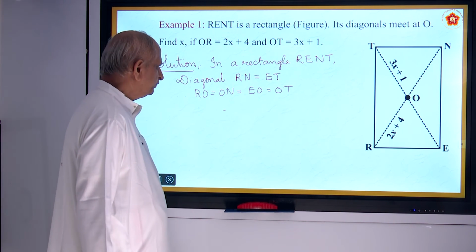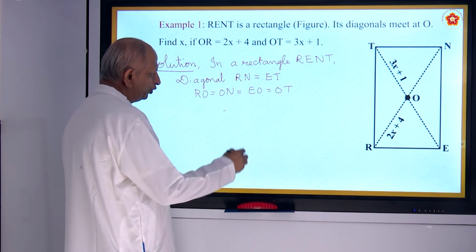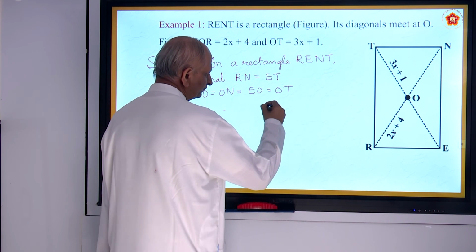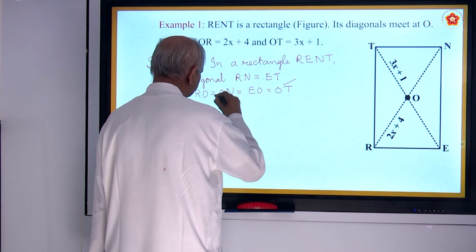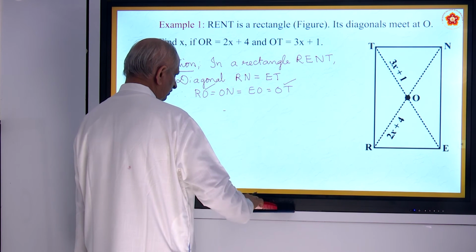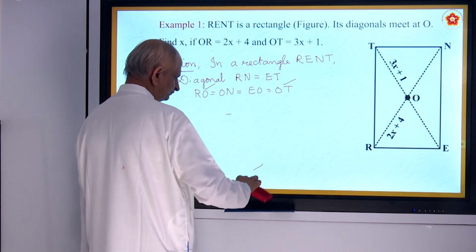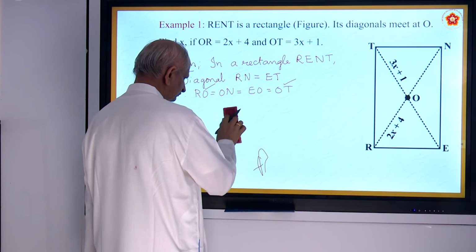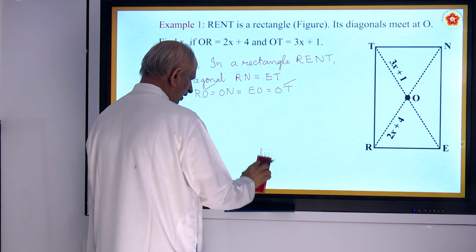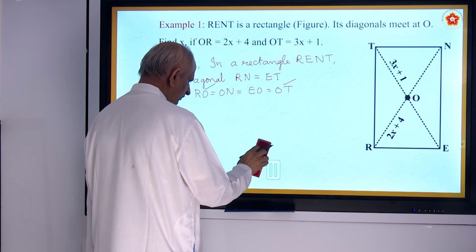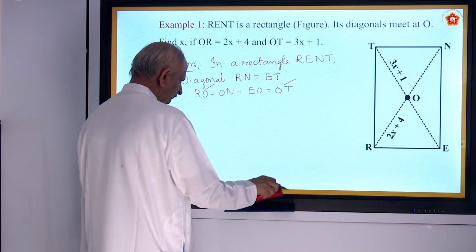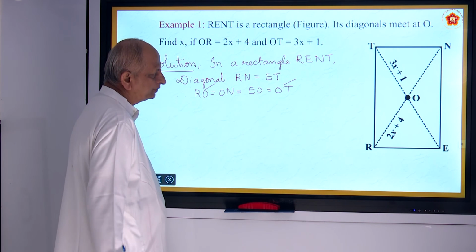Now you are given two things. One is OT is given, another is RO is given. Now what is RO given to be? What is RO?